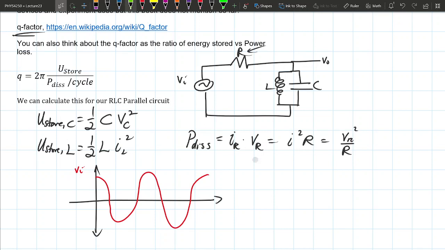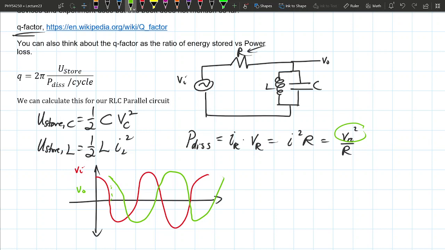So I'm going to try to draw this. V out starts off here at the maximum instead, because this is 90 degrees. I'm going to draw the same as close to these cosine function as possible. So the voltage across this resistor is biggest when the difference between V in and V out is the biggest.